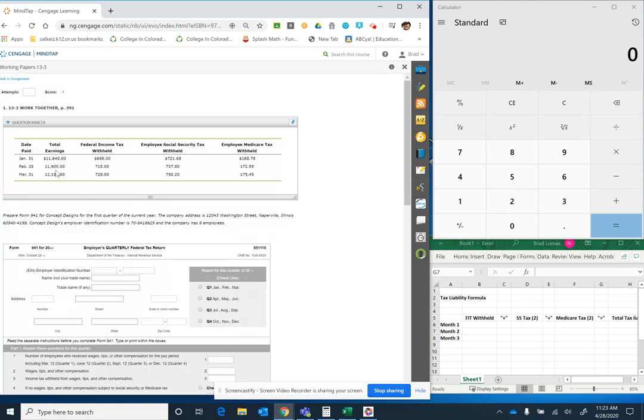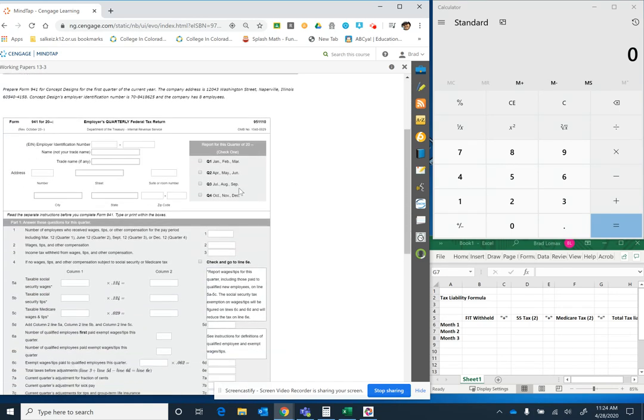In this case, we are recording our total earnings for January 31st, so the month of January. We're going to record the federal income tax withheld for our employees, our employee Social Security tax withheld and our employee Medicare tax withheld. So I've got all of this information for the first 3 months, for the quarter.